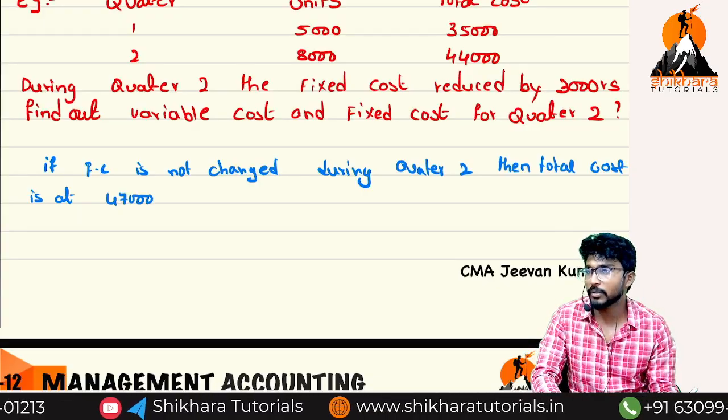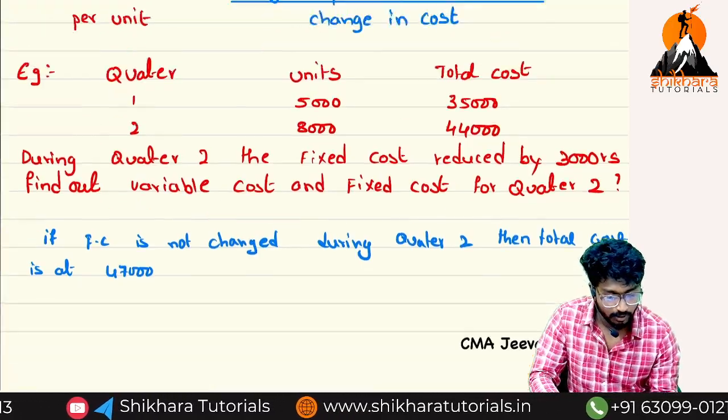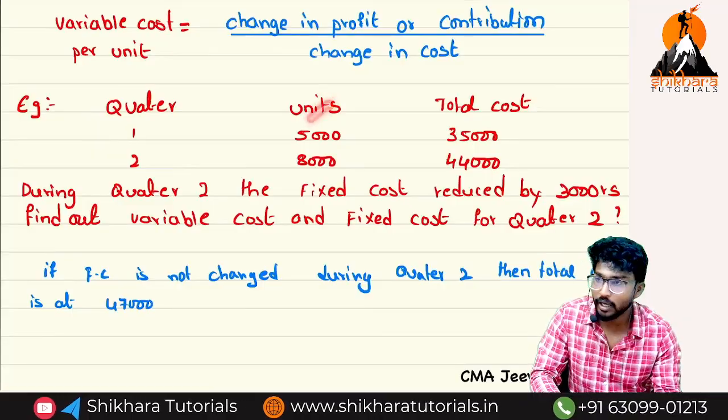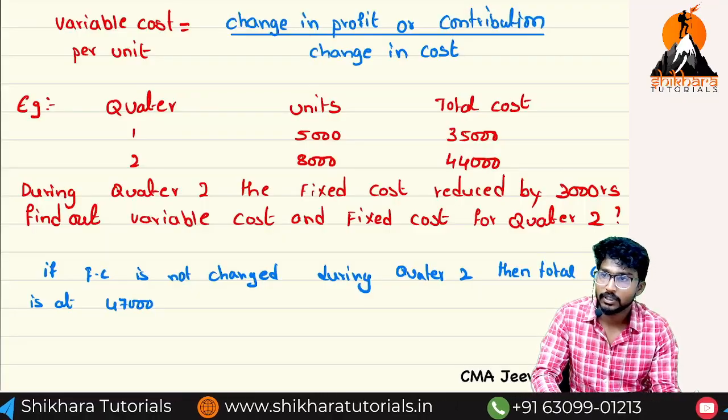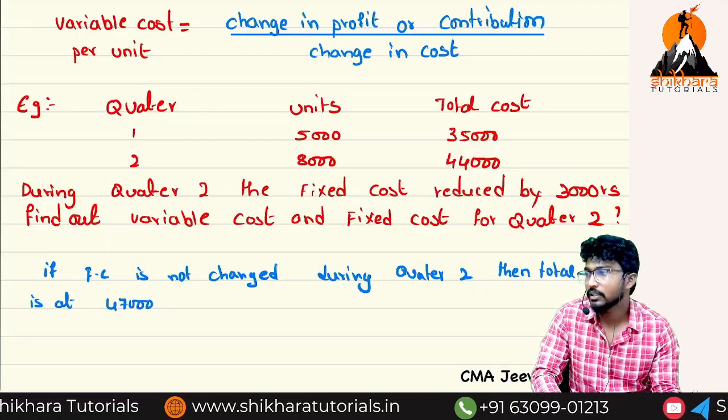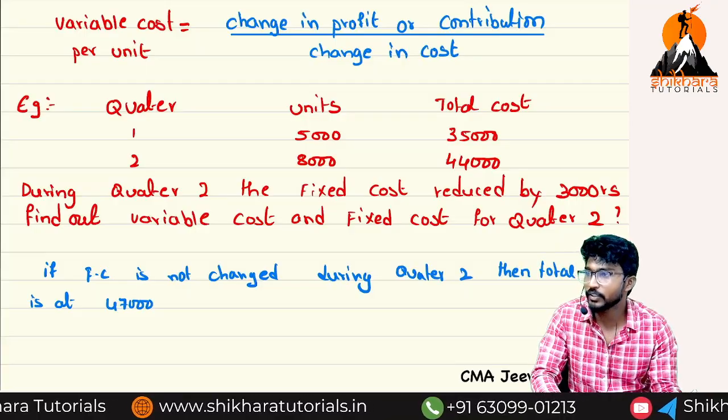Now we are going to apply the formula. Now we have units, we have total cost. What we will get? Change in total cost divided by change in units.